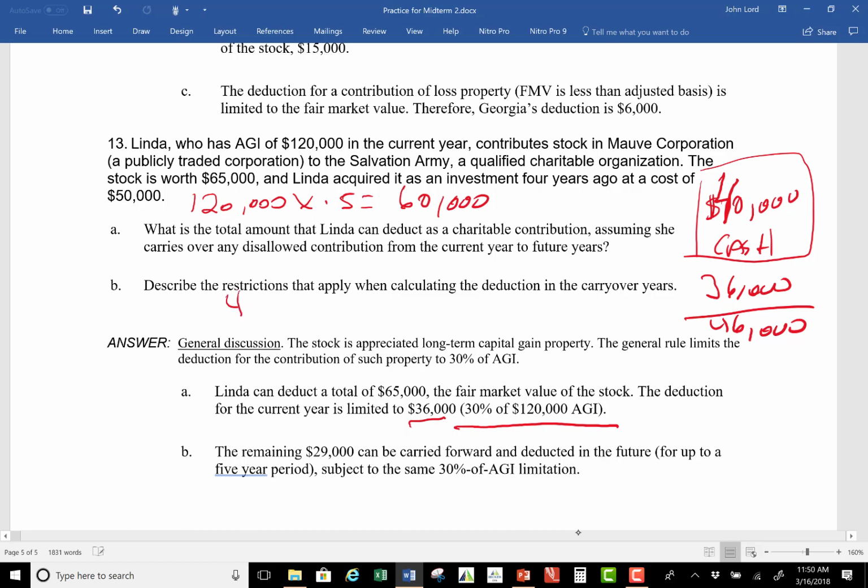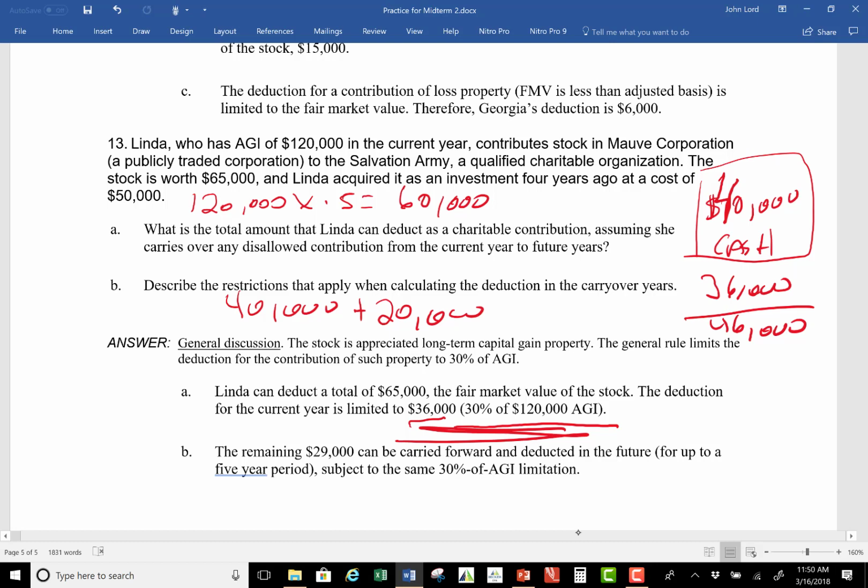She first has to use up that 40 from her 50% category, and then she's only got 20,000 left that she can take from the stock. Even though that's less than the 30%, she's bumping up against her 50% cap at that point, right? So to keep her at the 60,000 overall cap, she can't even take the full 30%, right? But regardless, the amounts that you don't take this year can carry over for the next 5 years.